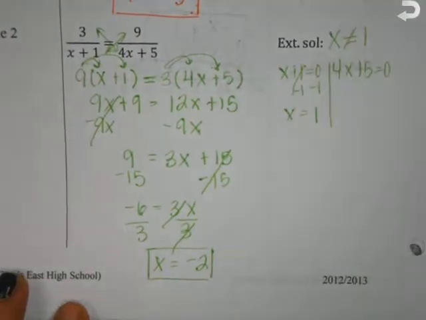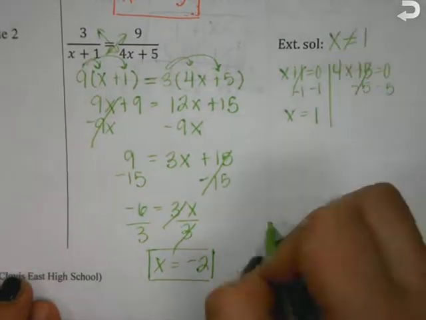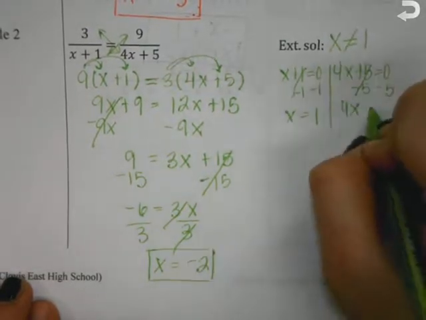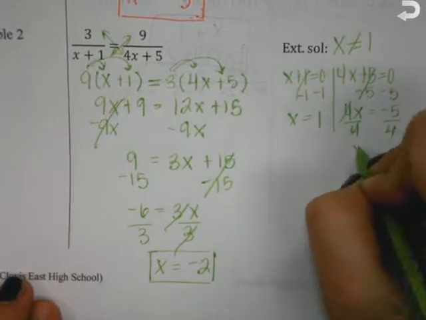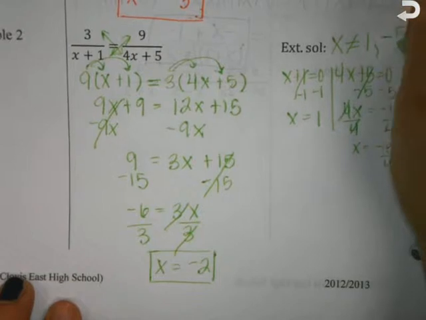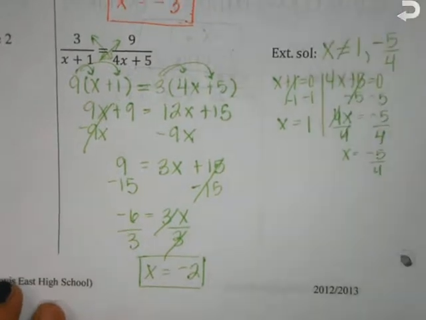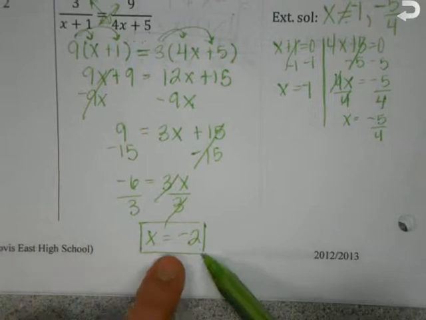And then I subtract 5. 4x equals negative 5. So x equals negative 5 over 4. So x can also not equal negative 5 over 4. What did I get for my answer, guys? Negative 2. Is that any of the extraneous solutions? No. So is our answer okay? Yeah.